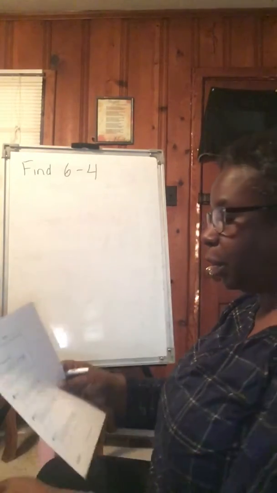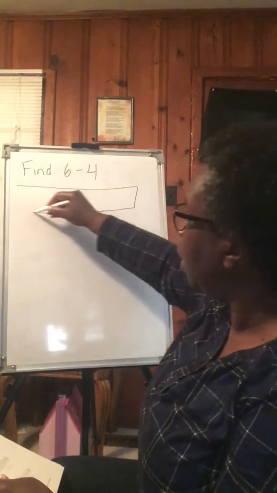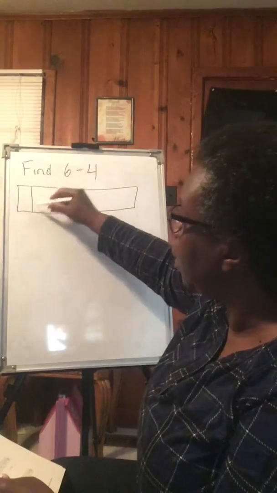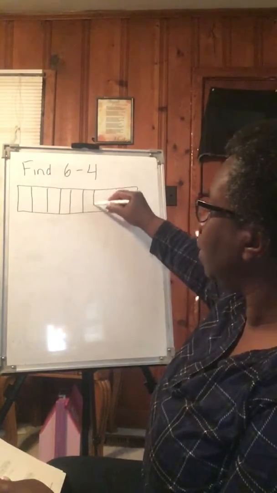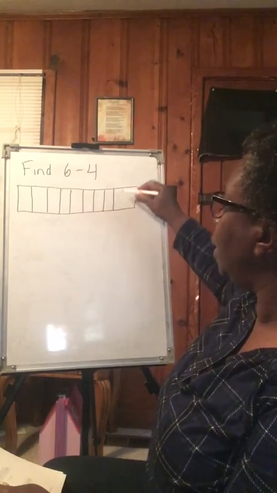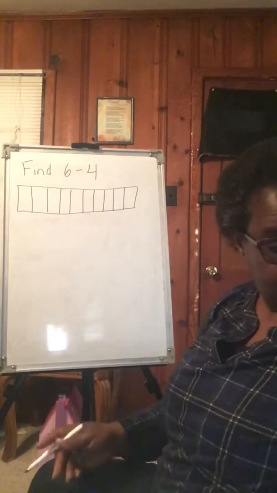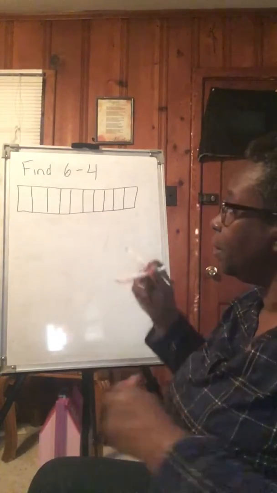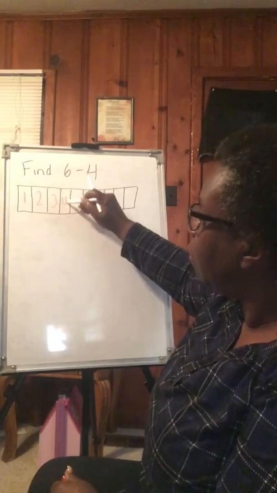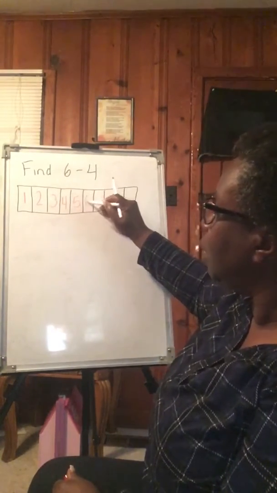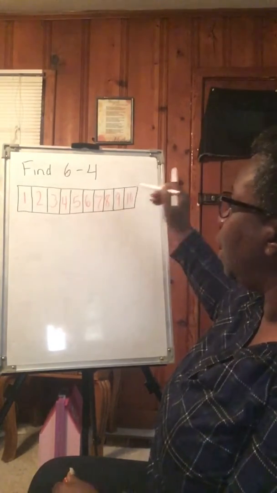So what we're going to do, we're going to draw our 10 frames. Yours is already on your sheet. I'm going to have to draw mine. 1, 2, 3, 4, 5, 6, 7, 8, 9, and 10. Now we're going to count it together and make sure we got 10 in there, okay? 1, 2, 3, 4, 5, 6, 7, 8, 9, and 10.